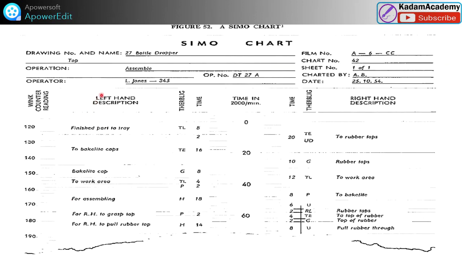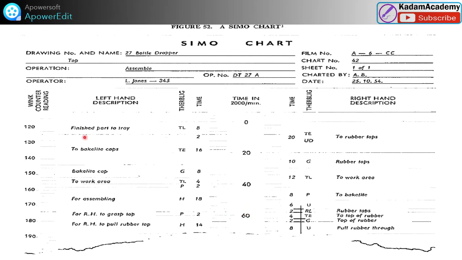This is one of the charts prepared for a company, giving detail of how they recorded the assemble operation. Here is the left hand description, right hand description, therbligs used, and the time in 2000ths of a minute is converted using this, and this is the simultaneously added timing, how much time is required for that process, which is also recorded here.